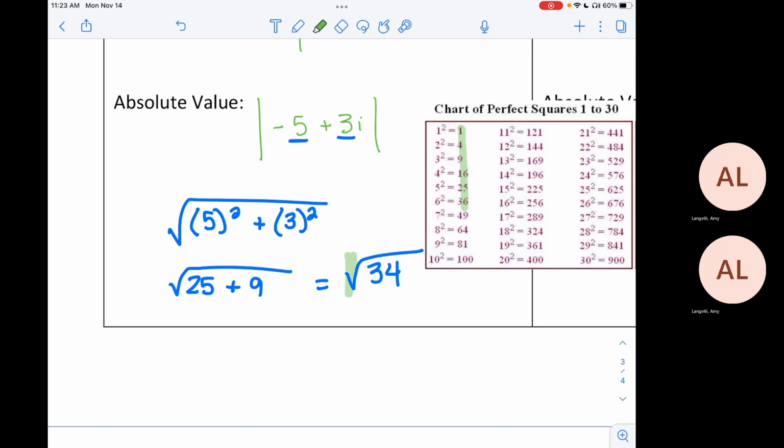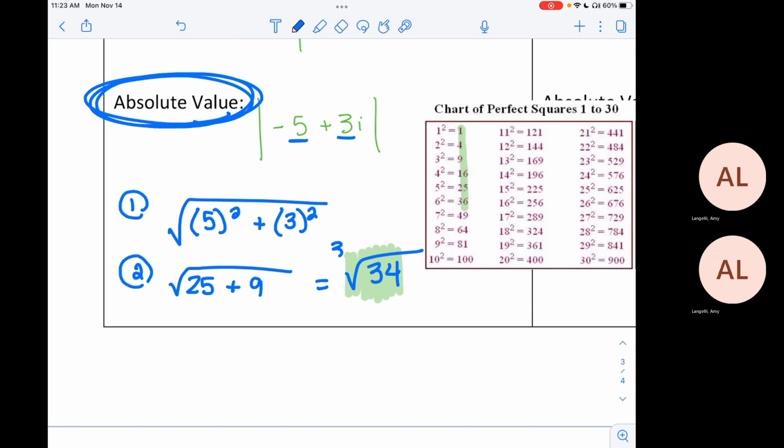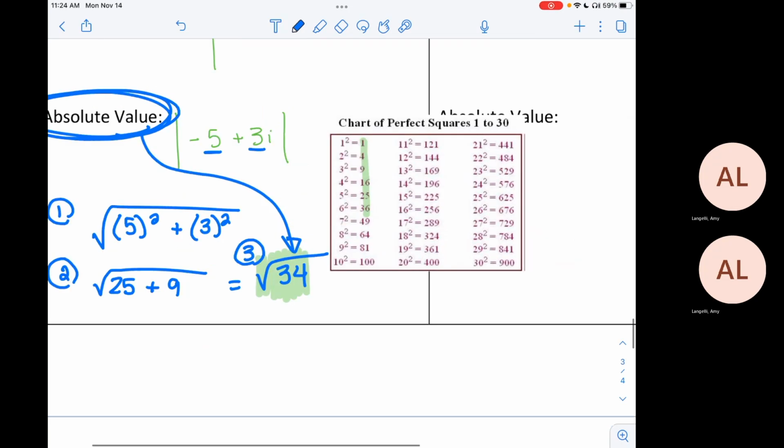So its absolute value is the square root of 34. So let's just make sure if it asks for the absolute value, this is the process you do. Step 1, step 2, step 3. And if there's a step 4, you reduce it. That's the absolute value. It's how far away that dot is from the origin. So it would be like 5.8 units away from the origin because the square root of 34 has got to be pretty close to 5.8.